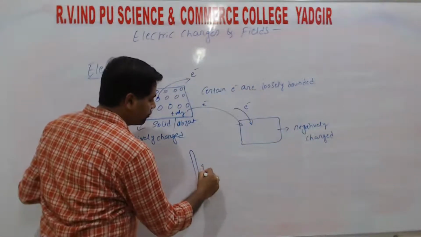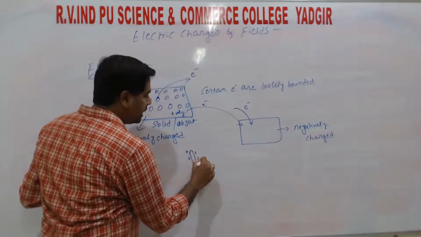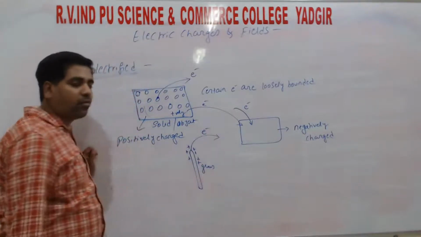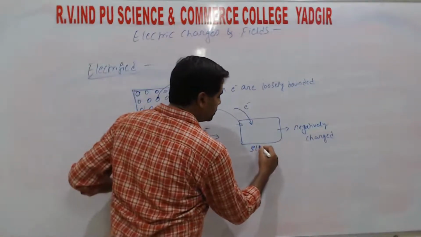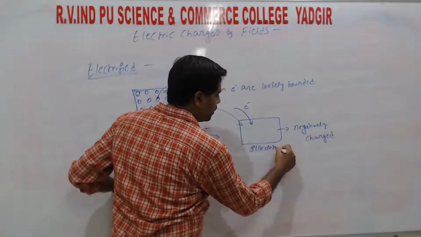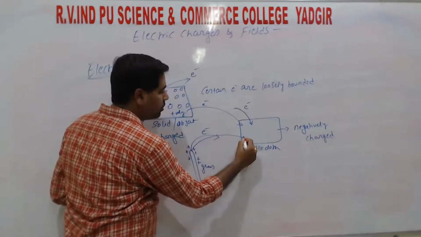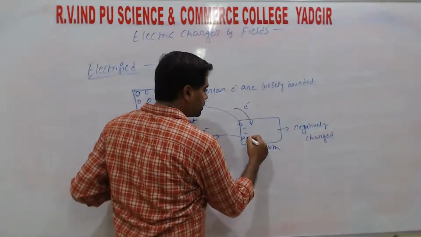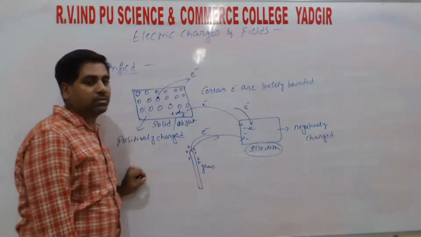The glass rod is positively charged because it loses its electrons when rubbed with wool or silk cloth. This silk cloth gains the electrons from the glass rod. Electron is nothing but negative charge, so the silk cloth is negatively charged, right?